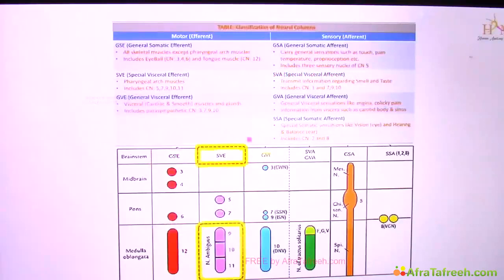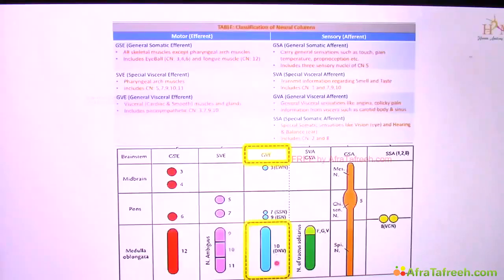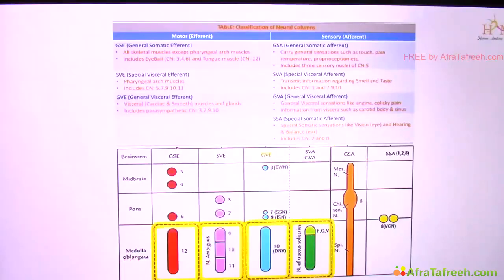Under the SVE column we had the nucleus ambiguus, which controls muscles of palate, pharynx, larynx. Under the GVE column you have the dorsal nucleus of vagus, which controls cardiac muscles, smooth muscles and glands. And under SVA, GVA, you have a composite nucleus called nucleus tractus solitarius. Examiner will be asking you about these four major nuclei.